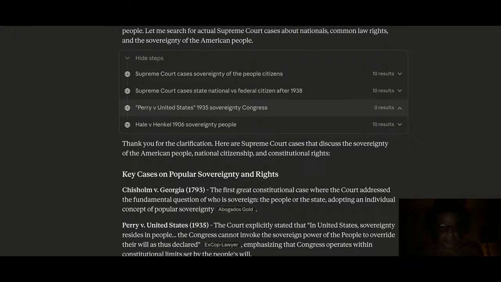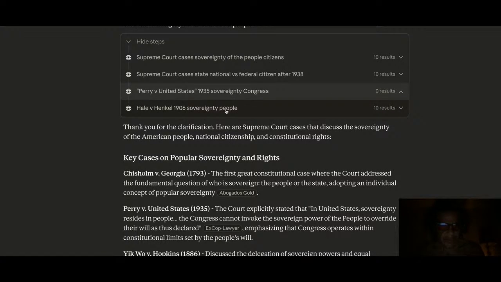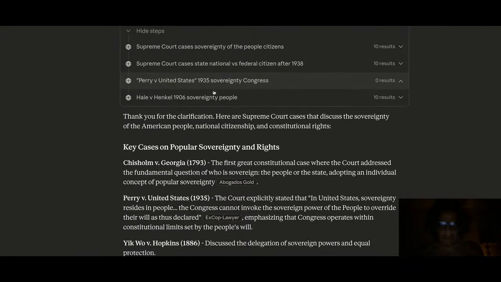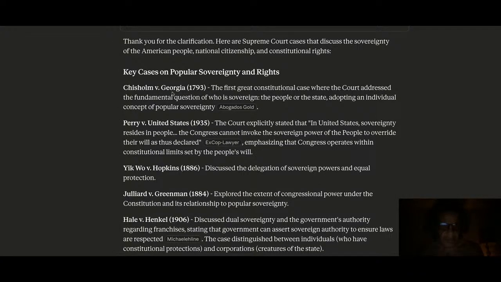Ooh, Perry. Yeah. Okay. So here are several more. Hale versus Hinkle, hugely important. Like hugely, you need to know Hale versus Hinkle, but you also need to know Perry v. United States. Yeah, this is classic.